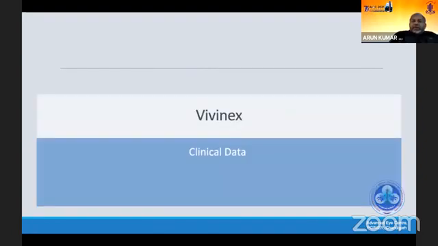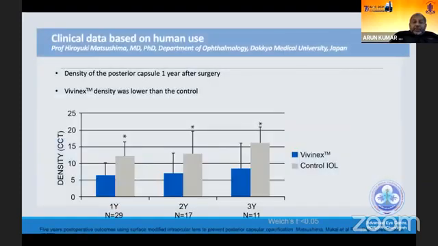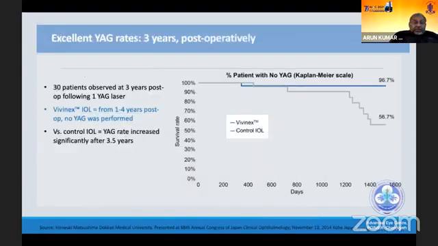And the clinical data on file has shown that, as compared to other platforms, the PCO rates are much less with Vivinex. This is one study from Japan, which shows that the 4 year YAG capsulotomy rate with Hoya Vivinex was much lower as compared to the other control platform.